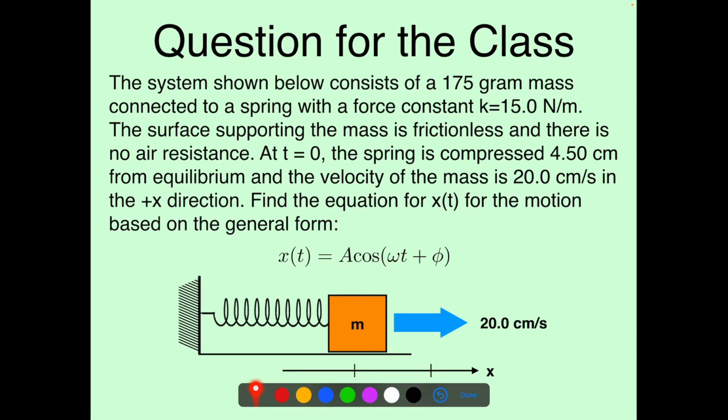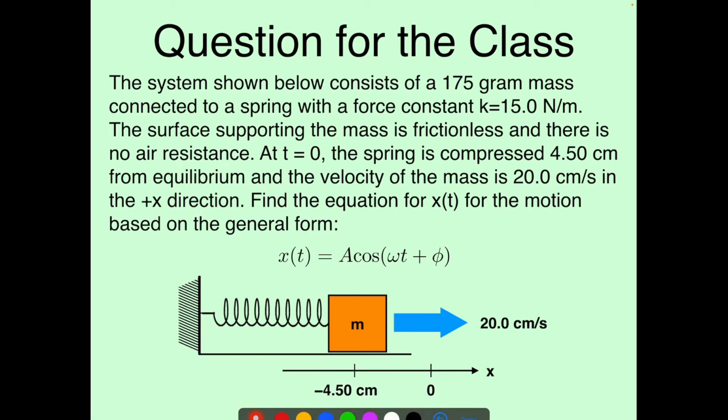The goal is to find the amplitude A, the angular frequency omega, and the phase constant phi. That will give us the solution for the motion of this block. Pause the video for a second, see if you can get this, and then we'll go through it together.